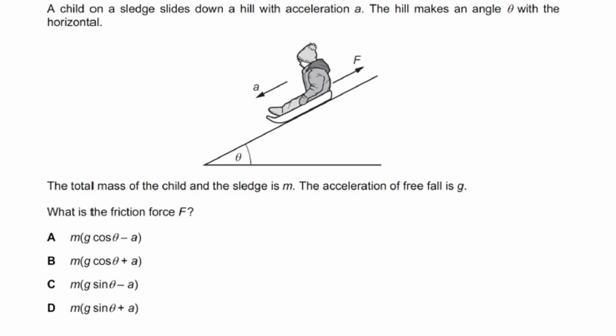Okay, so if the child is sliding down the hill with acceleration a, and the mass of the child on the sled is m, that means the total resultant force is equal to m times a.